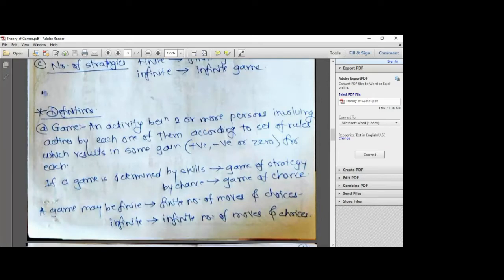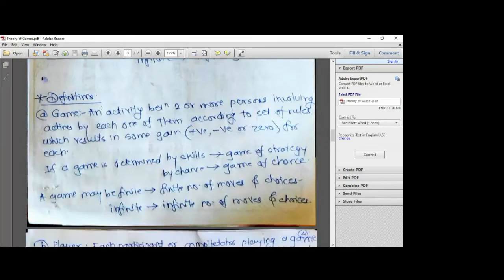Let's consider a few of the definitions. What is the meaning or definition of a game?